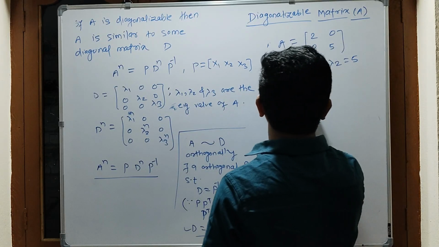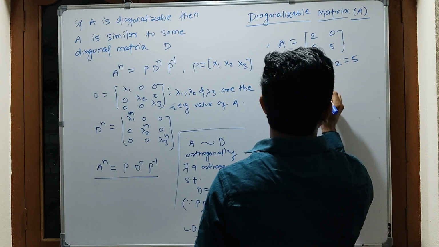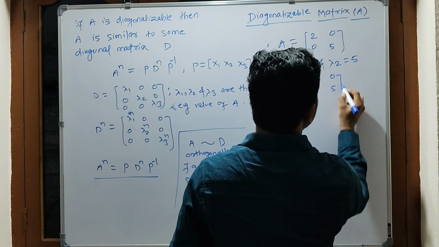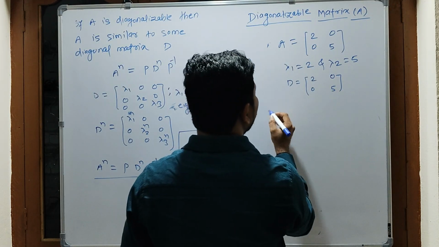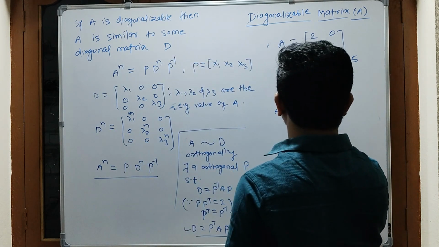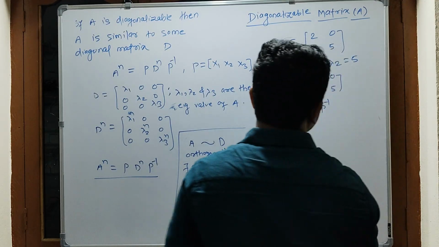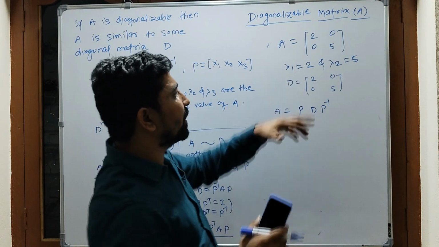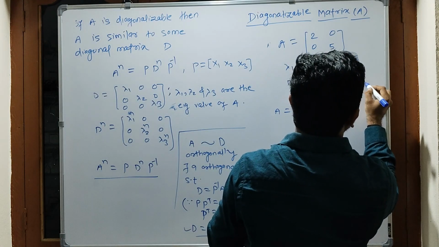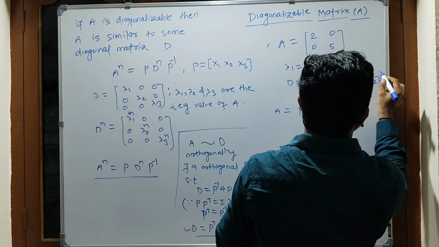So here I will build D as 2 0 0 and 5. Here A can be written as P D P inverse. So find the eigenvectors x1 and x2, and this is my matrix P.